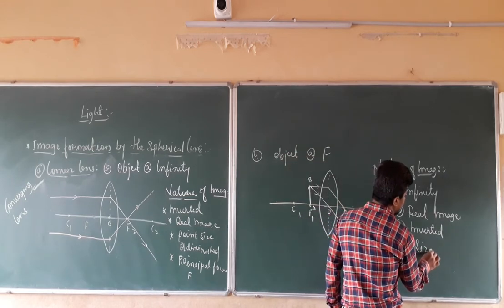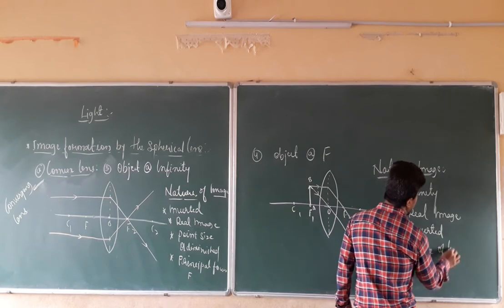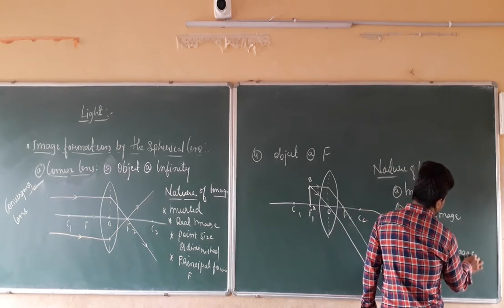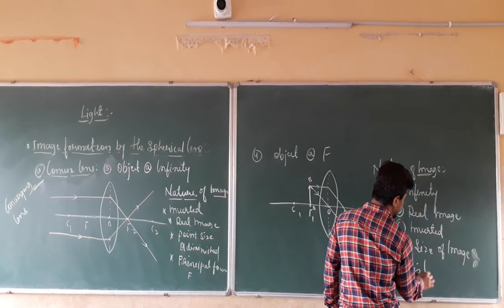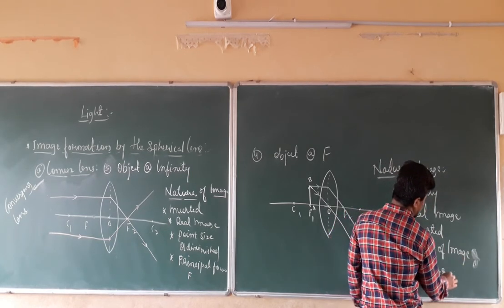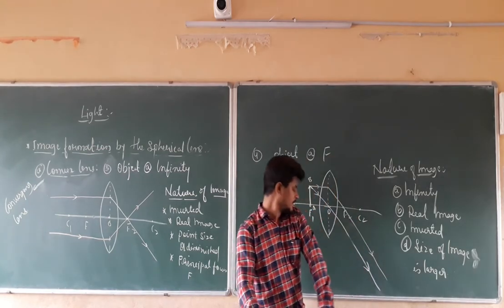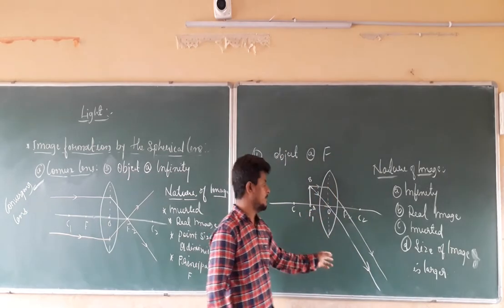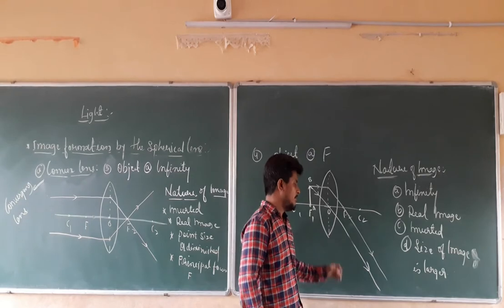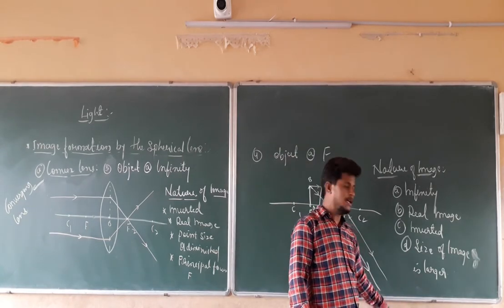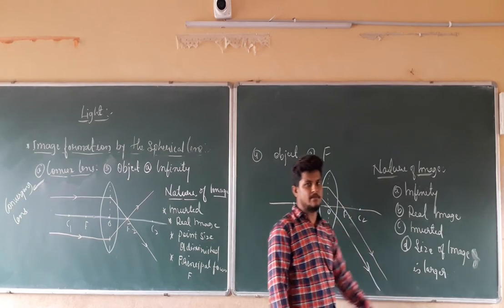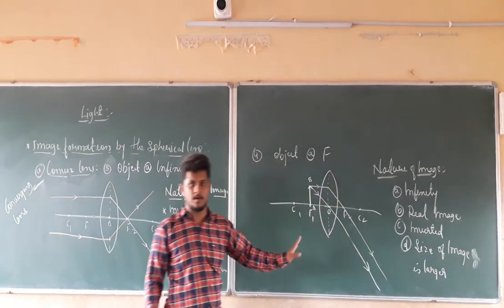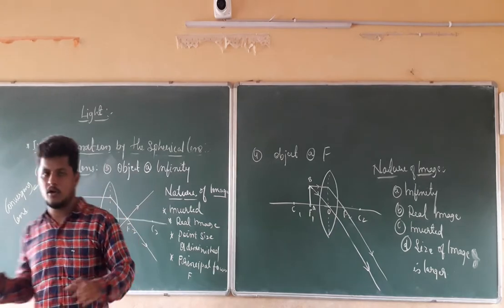So these are the nature of the image. When the object is kept at F, the image is going to form at infinity. It will be inverted and real, and the size of the image will be larger. So remember all those ray diagrams.